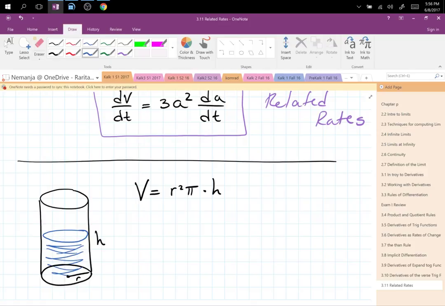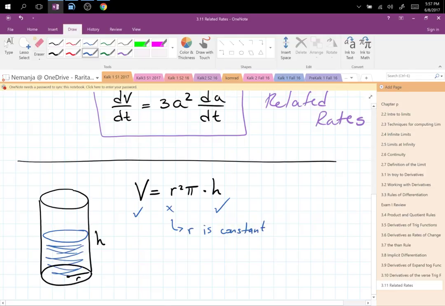And then we see the height clearly is a variable because as you drink, you have less and less height. So V is a variable, h is a variable, and in this case, R is not a variable, R is a constant.